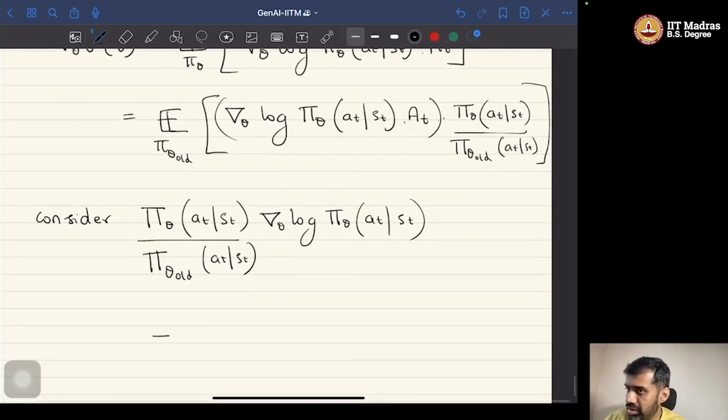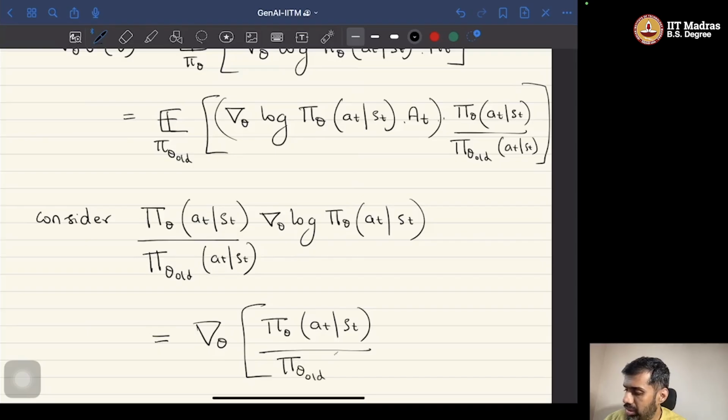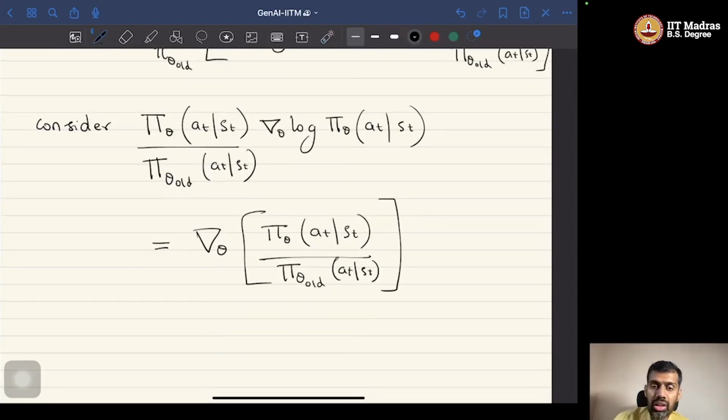Now this is equal to the gradient of pi theta of a_t given s_t divided by pi theta old of a_t given s_t. This expression is easy to verify. It follows from the definition. We have the derivative of log of pi theta, which is the derivative of pi theta times 1 by pi theta. So pi theta in the numerator and the denominator cancels off. You have the derivative of pi theta divided by pi theta old of a_t given s_t, which is a constant as far as theta is concerned.